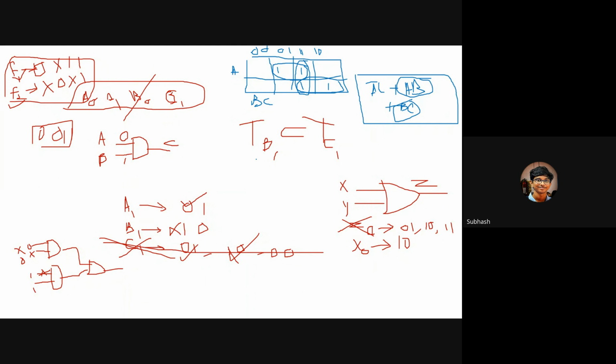Yes, sir. Sir, in the previous example, where you take stuck-at fault 0 and you give 1 to activate that fault.